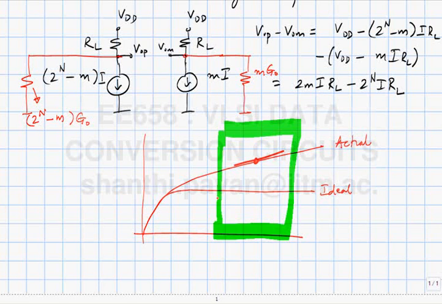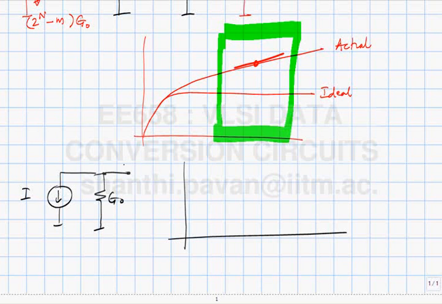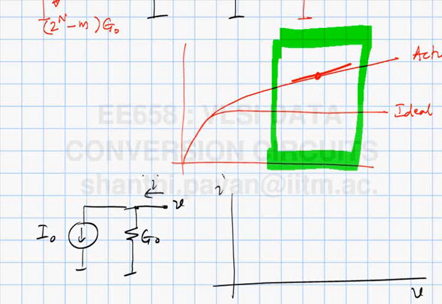Please note that if you plot the IV characteristics of I and GO versus V, how does this look? It is a straight line. Does it pass through the origin? When V is 0, what is I? It's I naught. And then as I go on increasing V, what happens? From I naught there is a slope.